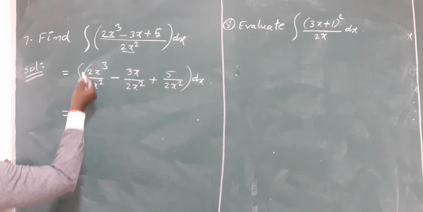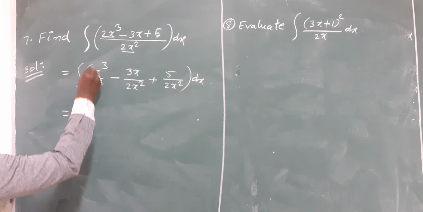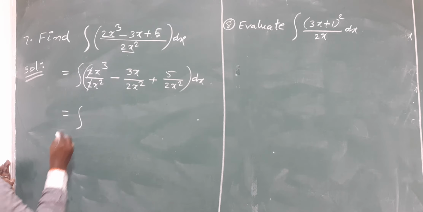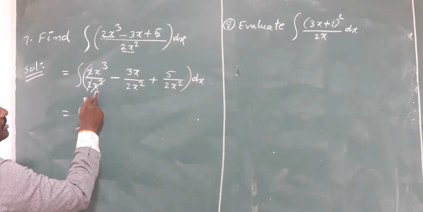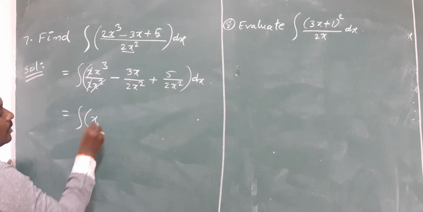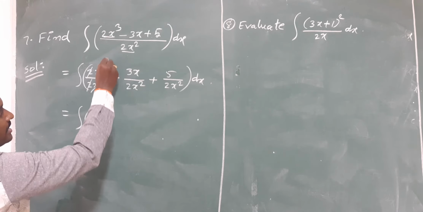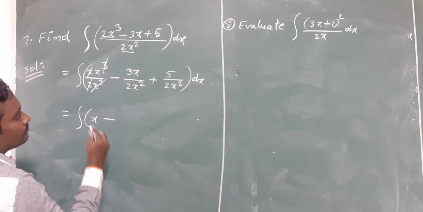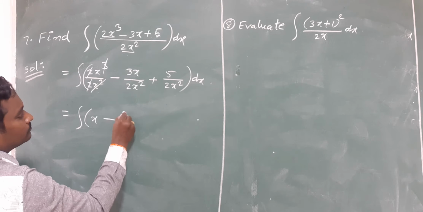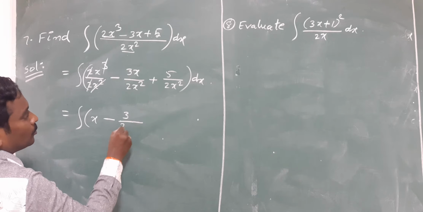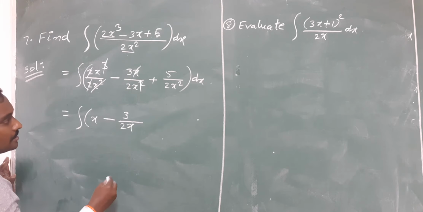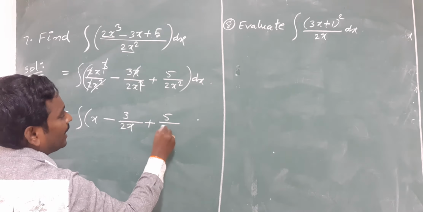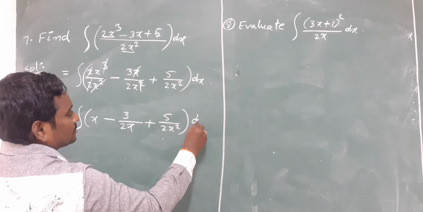So simplify the terms which are inside. 2 gets cancelled, bracket open, this is x cube, in the denominator we have x square, so 1 x remains in the numerator, square and cube getting cancelled. Now 3 by 2, 1 x getting cancelled in the denominator, that's why you should write 3 by 2x plus 5 by 2x square whole dx.